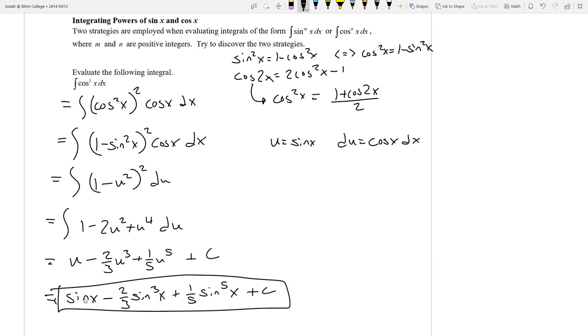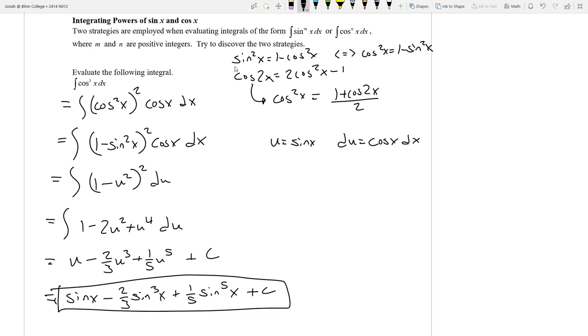Right, and so we think about, why did this work the way it did? It worked the way it did because we were able to sort of split one cosine off and then have an even number left over. And you can imagine then, if the same thing were happening with sine, we would have sine to the fifth, we could break off one sine and then have an even number of sines left over to make this swap.